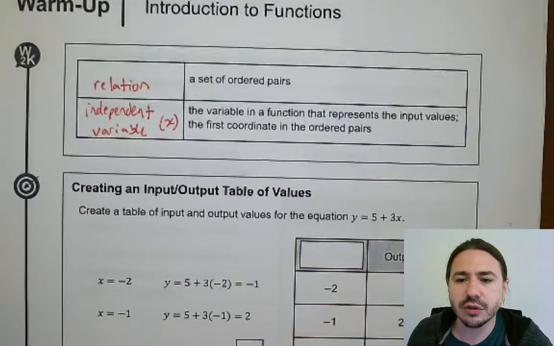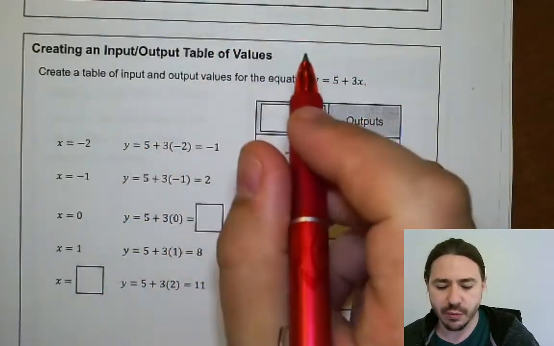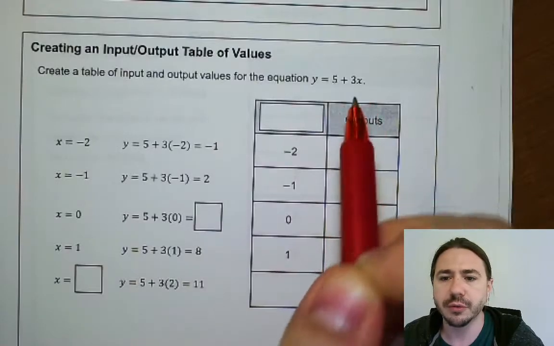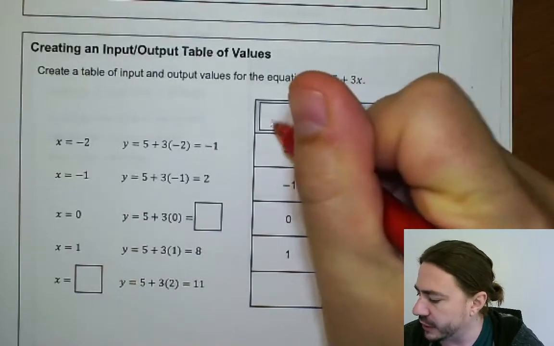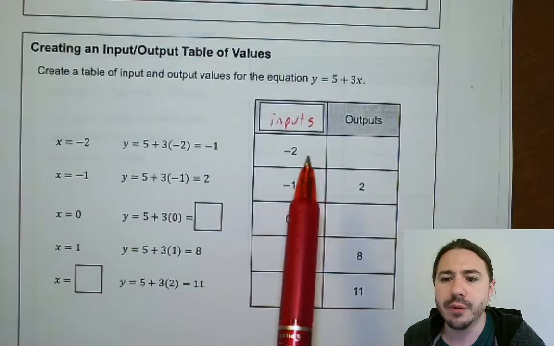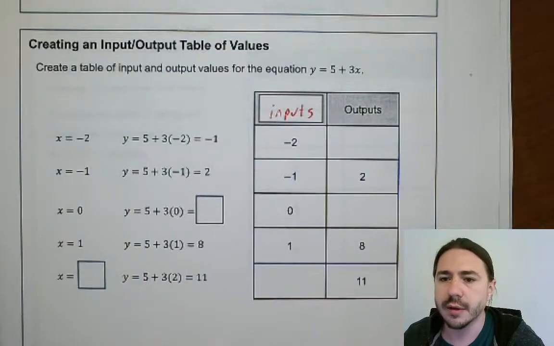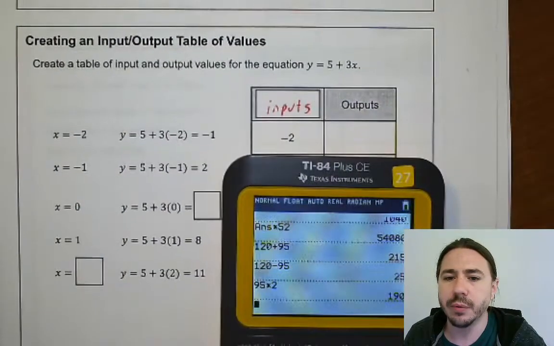So let's look at a table of values and think about these inputs and outputs. Let's say we have this equation y equals 5 plus 3x, and I want to generate a table with my inputs and my outputs. So if I put negative 2 into this equation, let's find what the output would be.